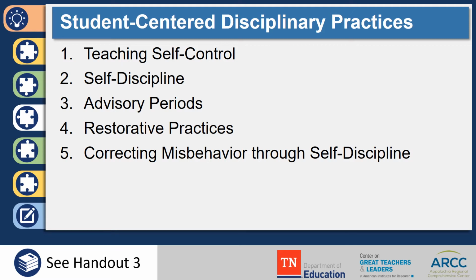The 5 approaches you'll explore in this module are teaching self-control, self-discipline, advisory periods, restorative practices, and correcting misbehavior through self-discipline. It is important to note that these practices can work in combination with other school-wide approaches to discipline, such as positive behavioral interventions and supports, or PBIS.